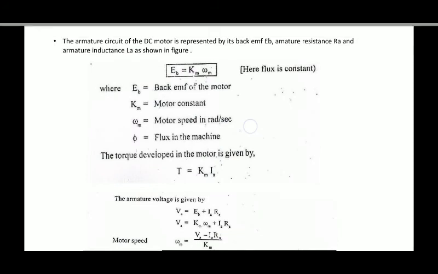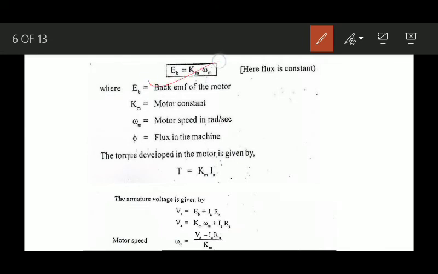These are the mathematical equations of the EMF produced by the motor. Back EMF produced by the motor is equal to Km into omega m, where Km is the motor constant and omega m is the speed in RPM. Phi is the flux in the machine, and torque developed in the motor is directly proportional to phi into I, the armature current into flux.